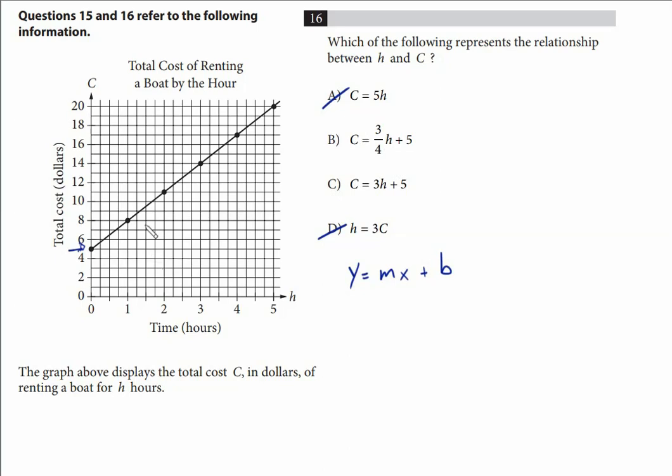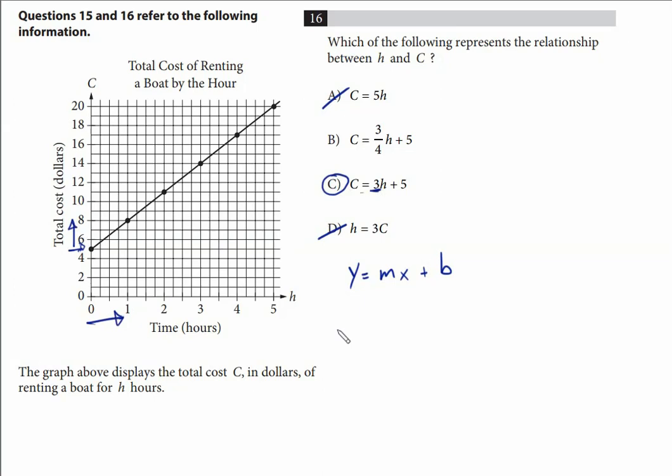As this line is drawn, the slope looks like 3/4 until we pay attention to the units on the axis, where each of these grids on the x does not represent 1, it's only a quarter. So for each hour increase, the cost increases by $3. So the answer is C.